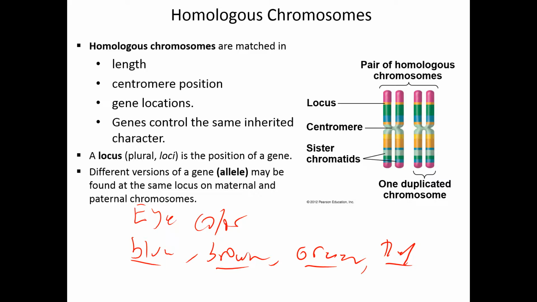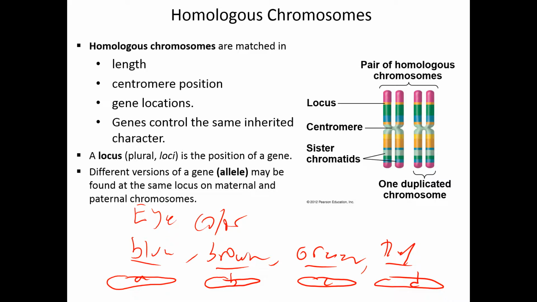So for a gene for eye color, we can have gene A for blue eyes, another version of that gene, B, C, D. Depending on the combination of these alleles for a particular characteristic, you have a trait: blue eyes, brown eyes, green eyes, red eyes.